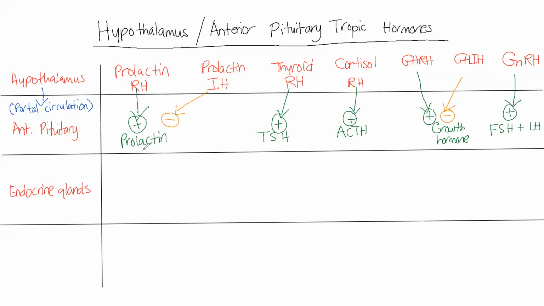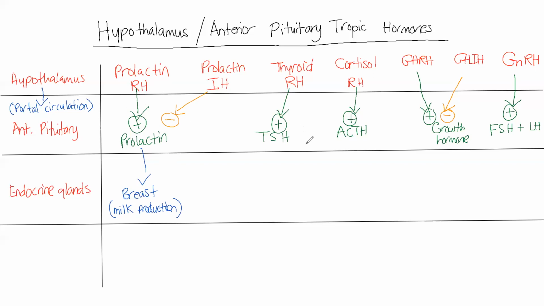So prolactin is going to act on the breast. It's going to be responsible for milk production. Remember, oxytocin is milk letdown or ejection. Prolactin is milk production. And we can either be stimulating that or inhibiting that, depending on which releasing hormone is being released from the hypothalamus.